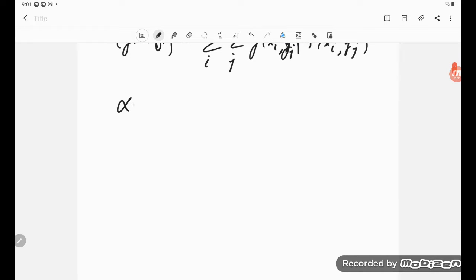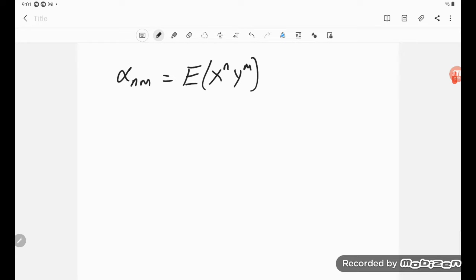They have some notations. They have alpha n m. That's just the expected value of x to the n, y to the m. And then they use a mu here. I don't like the fact they use a mu for these, but unfortunately, we're stuck with it.